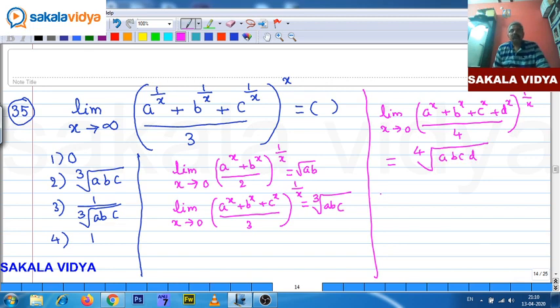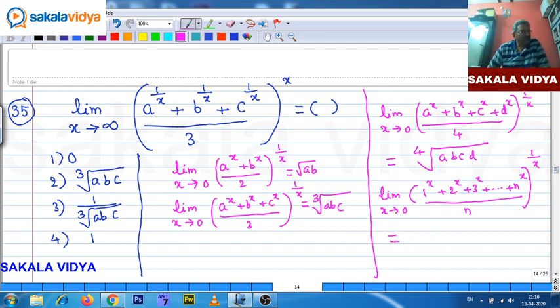Okay. Now limit x tends to 0, ((1^x + 2^x + 3^x + and so on up to n^x)/n)^(1/x). Tell me what is the answer? Your answer is 1 into 2 into 3 into 4 into so on into n, and the nth root.